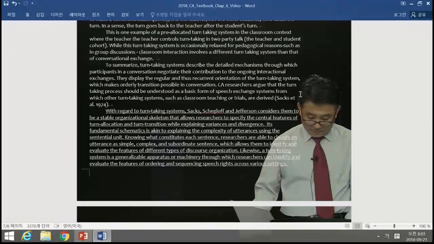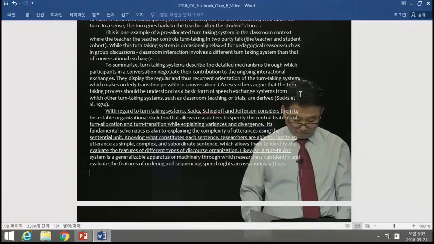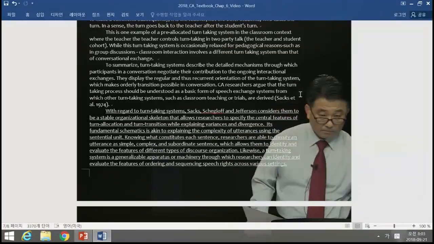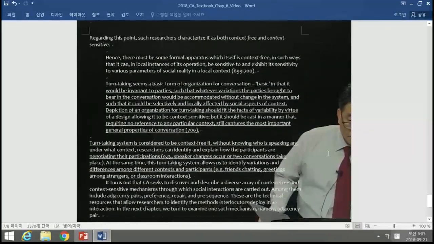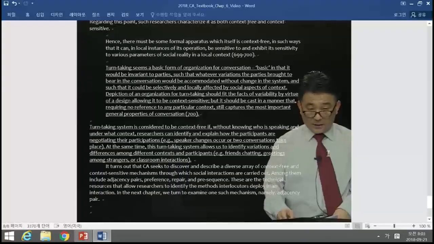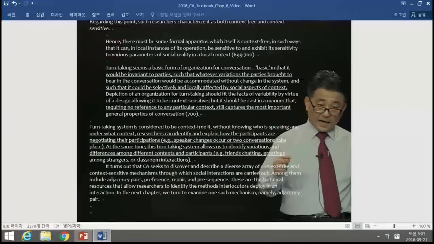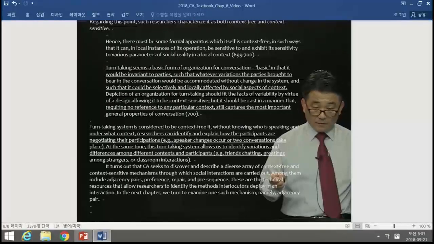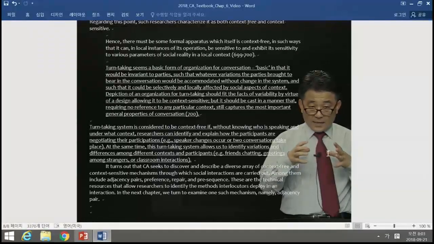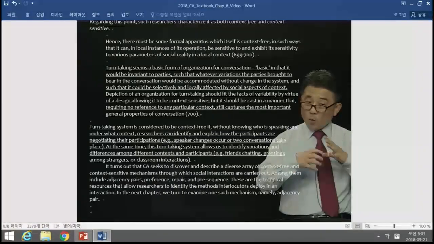So in the next page, I concluded by discussing what Harvey Sacks calls the context-free and context-independent nature of the turn-taking system. The turn-taking system is context-free because it's so basic.